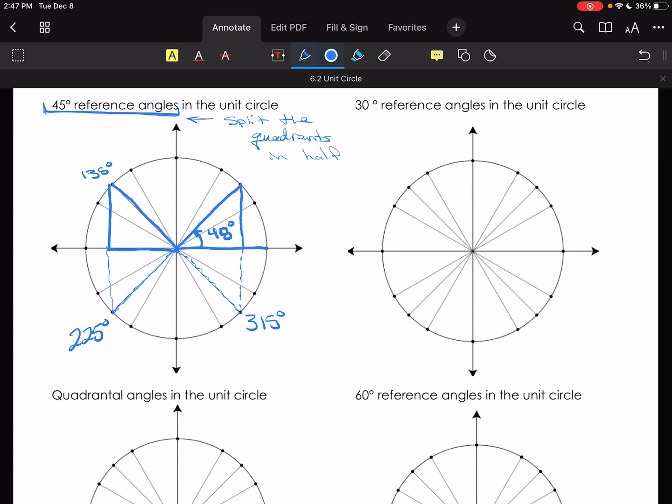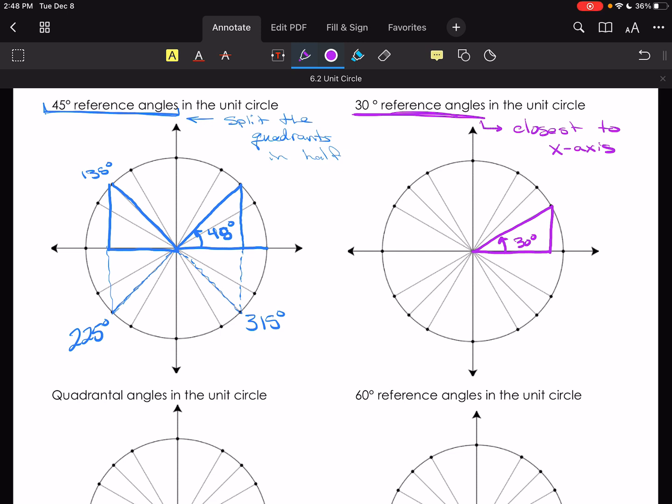Now, a 30-degree reference angle would be this right here. Okay. And the 30-degree reference angles are the measurements closest to the x-axis.